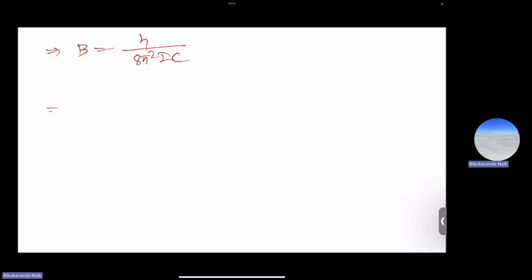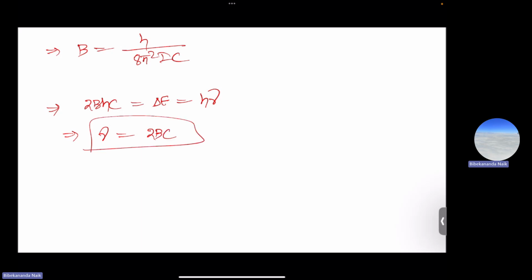Now 2bhc equals delta E, which is h nu. That implies nu will be 2B into c. First we need to find the value of B. B is h divided by 8 pi square I c.